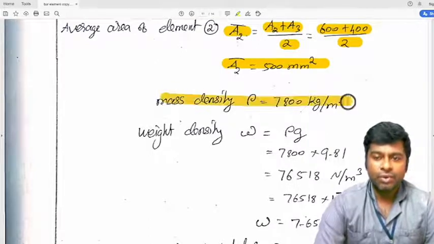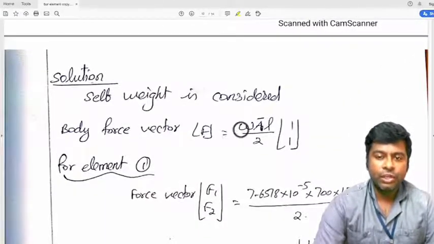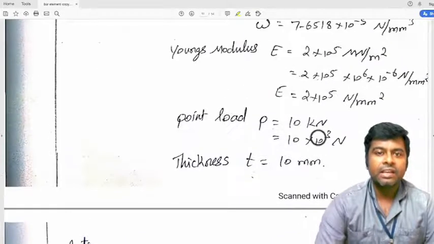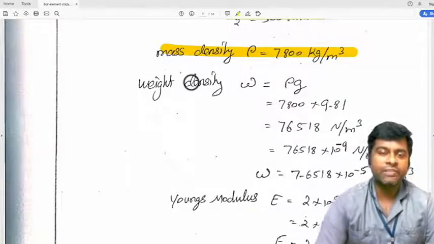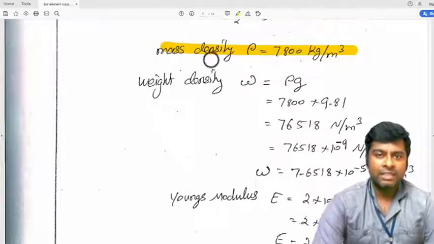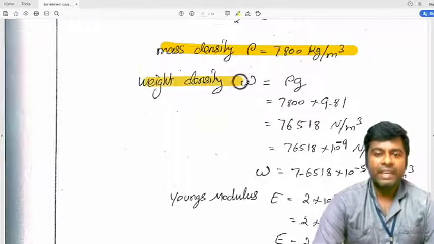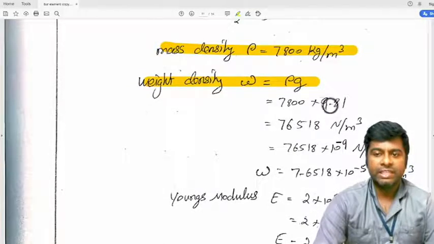The body force vector formula is W A L by 2, where W is the weight density. But in this question, mass density is given, so read the question carefully to see which data are given. Therefore, weight density W equal to rho into g, where g is the acceleration due to gravity, 9.81.